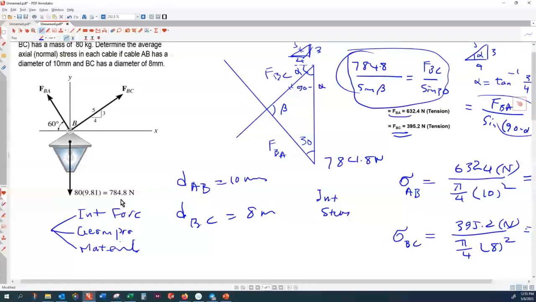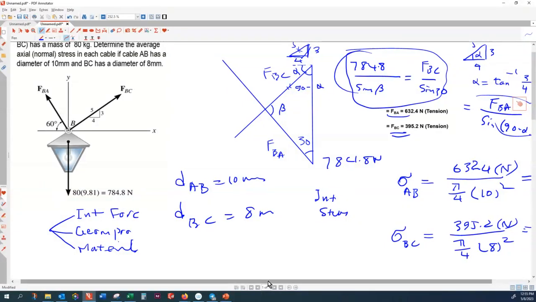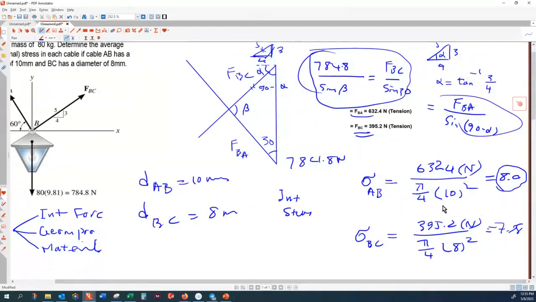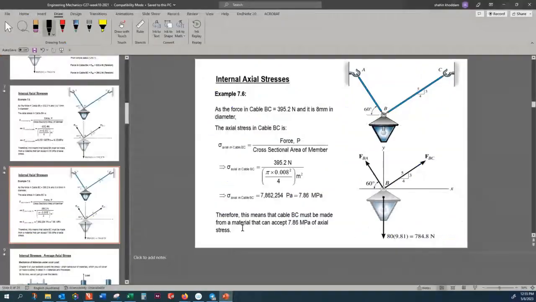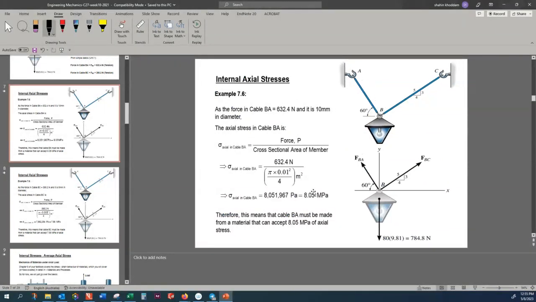Combining the internal force and the geometry gives you a stress. Stresses are comparable. The stress inside BC is equal to 7.8 megapascal, but inside BA, that is 8 megapascal. So the one which has the larger stress is more critical.